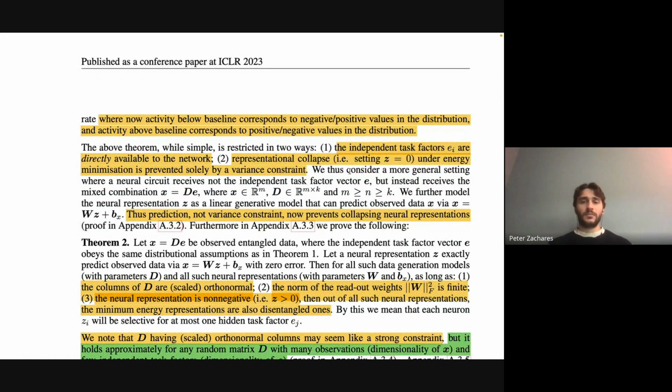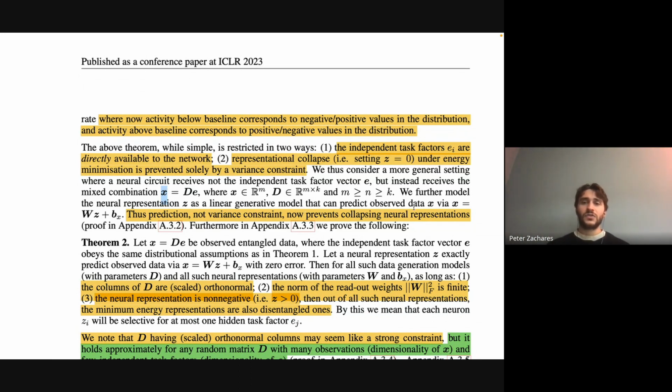So for this problem, again, E is your task variables, and then you have some matrix D that transforms the task variables into a mixture of themselves, X. Say you have 2 task variables, you could have 3 mixture variables, or 5 or 10, doesn't matter.